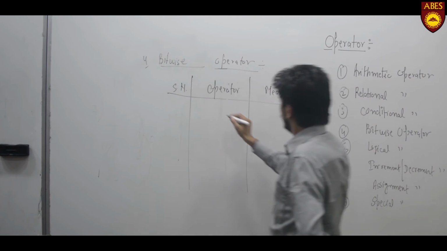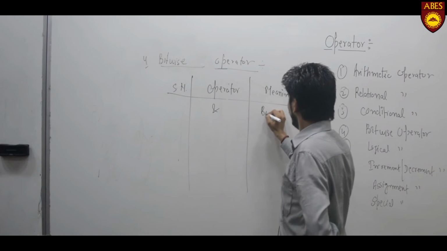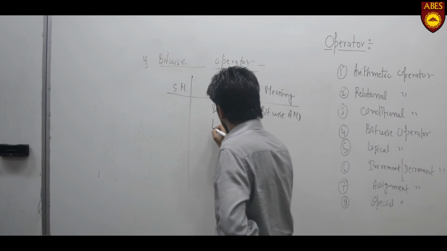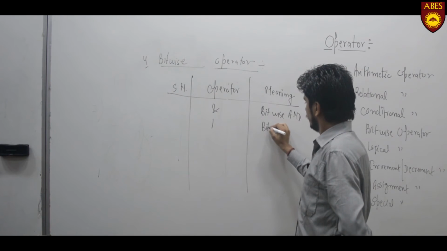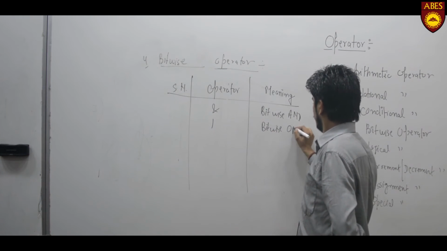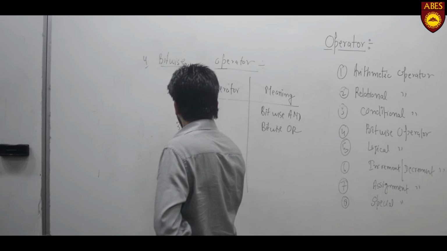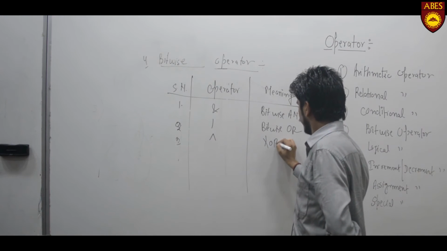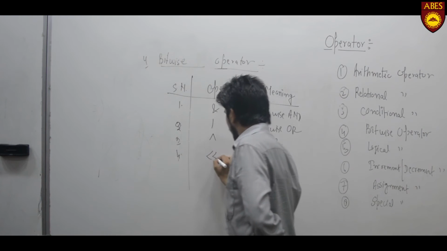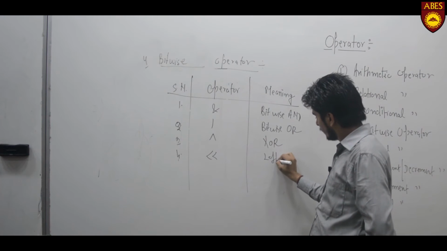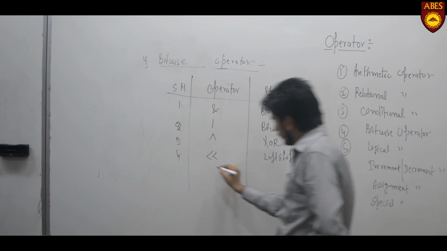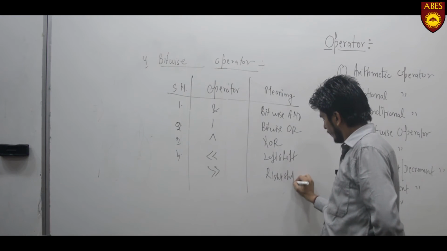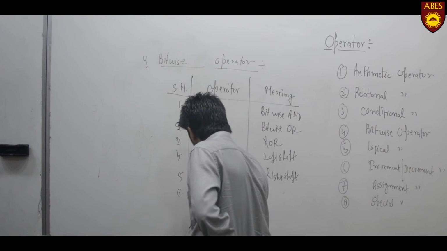Bitwise AND symbol, this is bitwise AND. Second is bitwise OR. Third operator is exclusive OR, that is called XOR. Fourth one is used for left shifting. Fifth is right shift. Sixth one is complement.